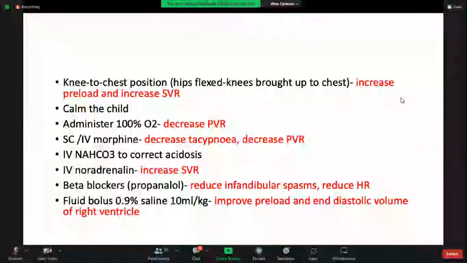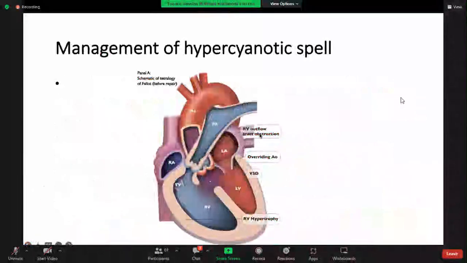That is, we ask them to flex their hips and bring their knees to the chest. By doing that, we are increasing the systemic vascular resistance. By increasing the systemic vascular resistance, we are increasing the left ventricular pressure, which will reduce the shunt.